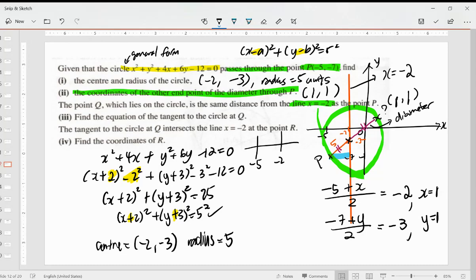We stop at the point -2, so we are actually 3 units from the vertical line. The other side will be another 3 units. So 3 minus 2, that will be 1.